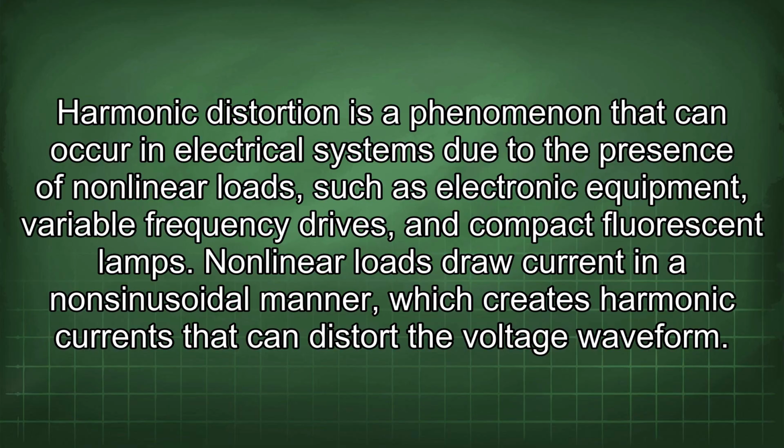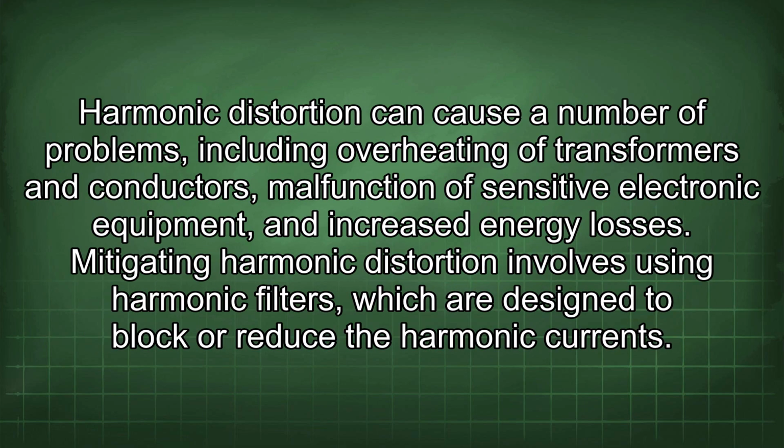Nonlinear loads draw current in a non-sinusoidal manner, which creates harmonic currents that can distort the voltage waveform. Harmonic distortion can cause a number of problems, including overheating of transformers and conductors, malfunction of sensitive electronic equipment, and increased energy losses. Mitigating harmonic distortion involves using harmonic filters, which are designed to block or reduce the harmonic currents.